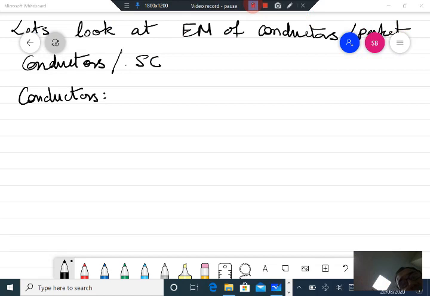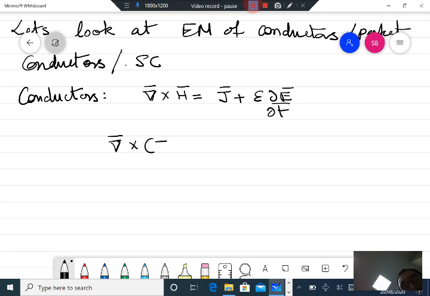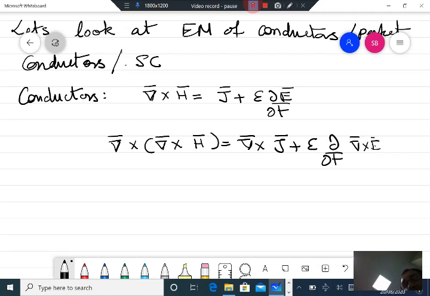So for conductors, one can write that the curl of H is equal to J plus epsilon del E by del t. I will be going very fast and will not write down everything because these are things which you have already studied.